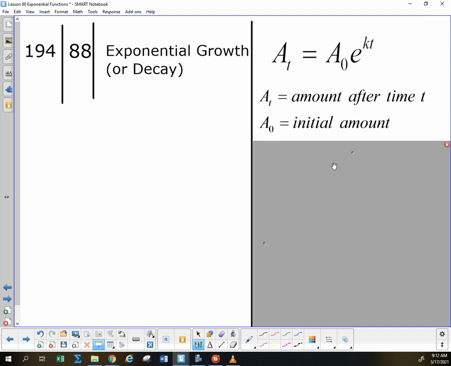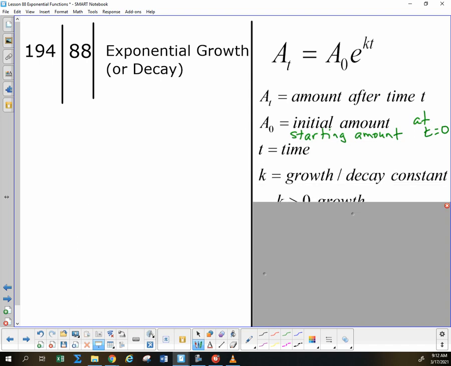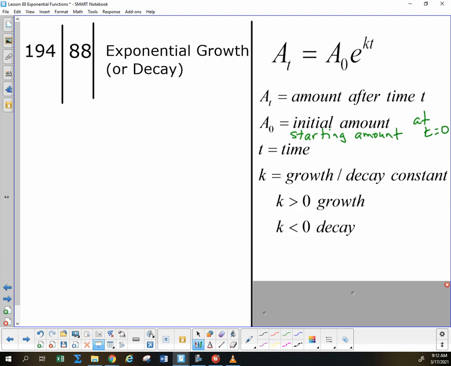It's the starting amount, the initial amount, the amount at time 0, times e to the kt. k is the growth or decay constant for that problem. And we're going to need to be finding k for each problem with the help of our calculator and storing it. If k is positive, it's going to be growth, and if k is negative, it's going to be decay.